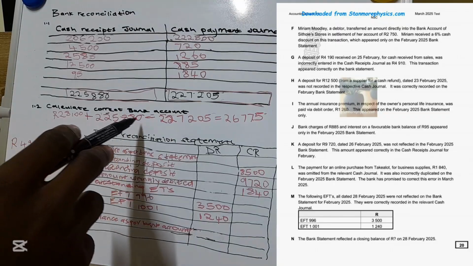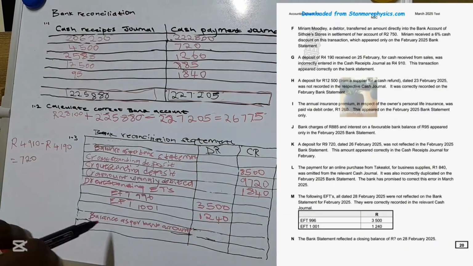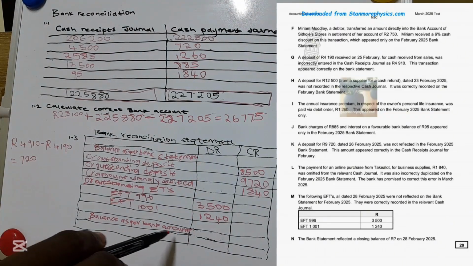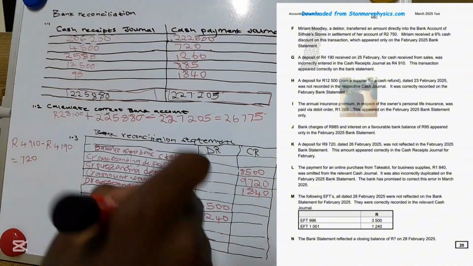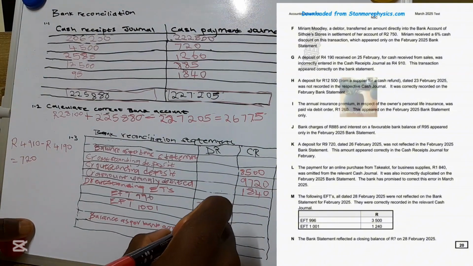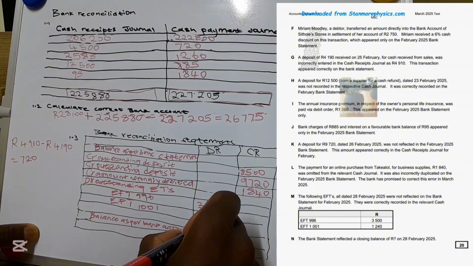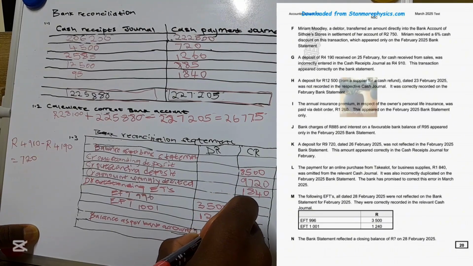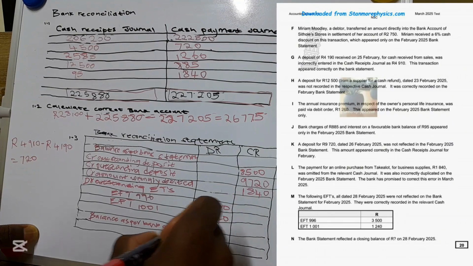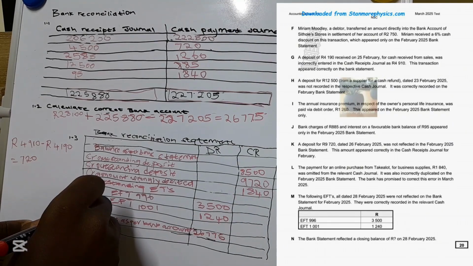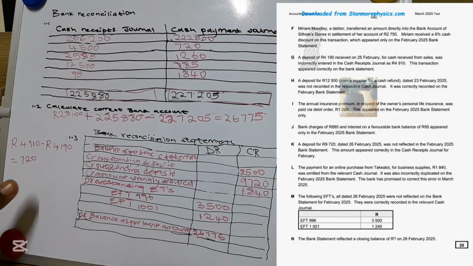As you can see, this is bank account, and even here it's balance as per bank account. So we are going to record this amount there, which is 26,775. This is on the debit side, debit balance as per bank account.